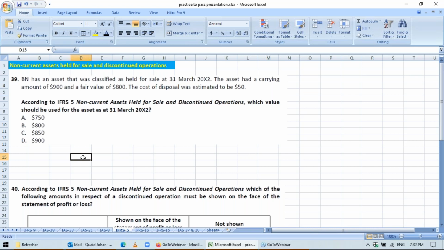What it says: BN has an asset that was classified as held for sale. As it is classified as held for sale, we have to look at its carrying value. Its carrying value is 900,000 and its fair value is 800,000, which will appear in blue shading before you.